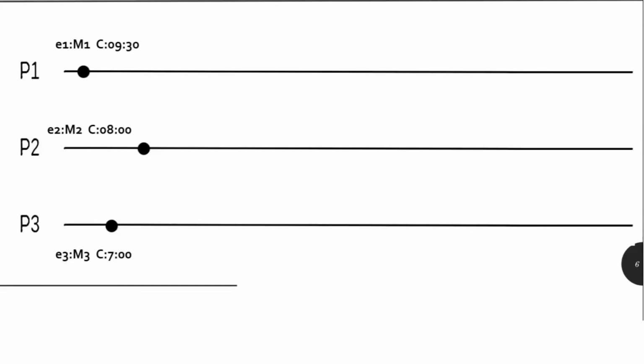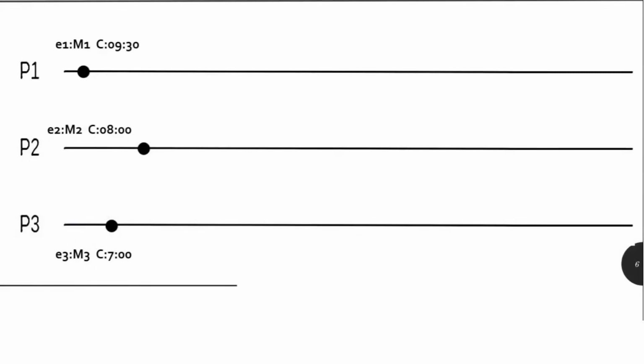But P1, P2, and P3 have different clock values due to their clock drift. So M1 is created at 9:30 from the perspective of P1, and M2 is created at 8 o'clock from the perspective of P2. M3 is created at 7 o'clock from the perspective of P3.